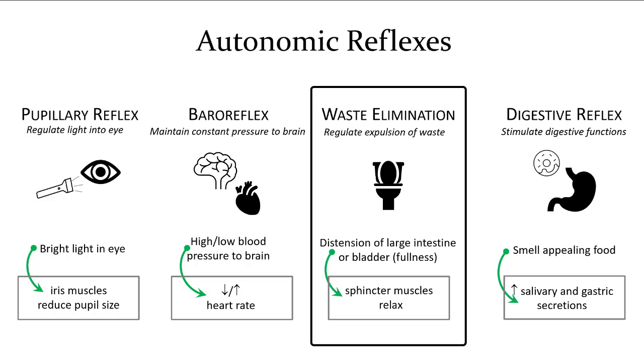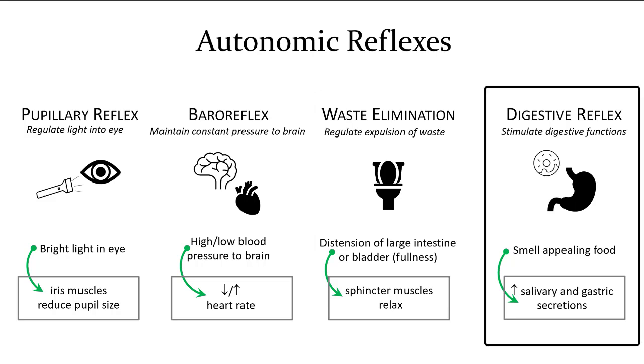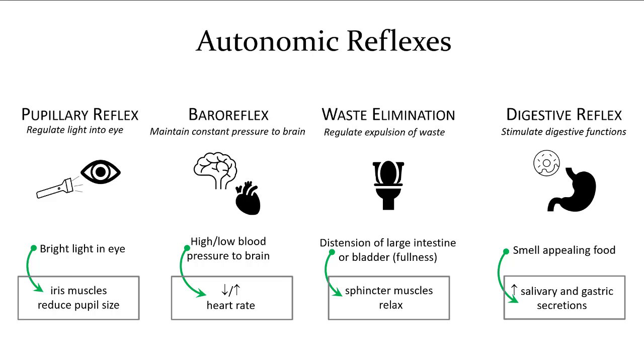Now, through potty training, we have some voluntary muscles that can override that temporarily, but the involuntary component is that as soon as you get distension, your body wants to let that out. And digestive reflexes would include smelling yummy food, which might get your salivary glands stimulating as well as gastric secretions occurring.